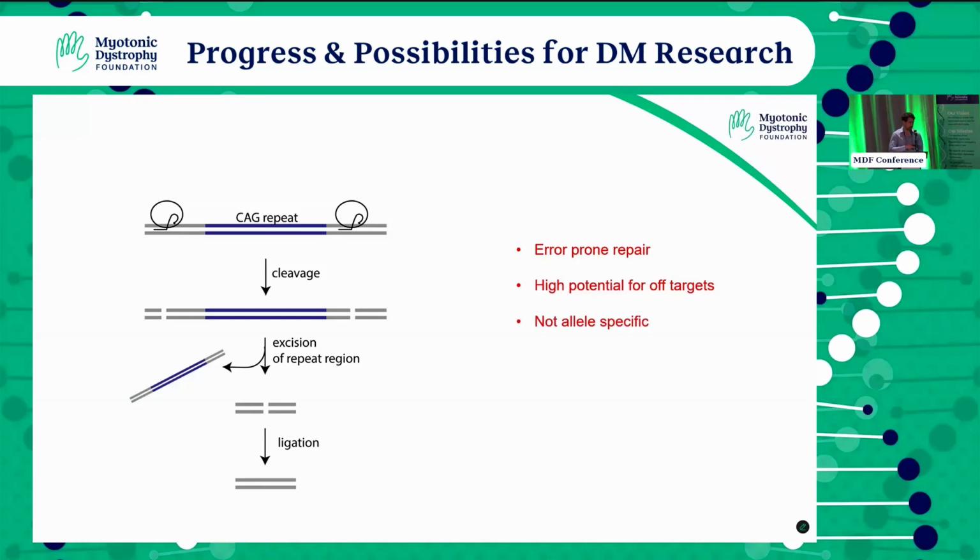It's not allele specific, so you're going to excise the CAG repeats which are expanded, but also the CAG repeats which are not expanded. And in the best scenario, you would like to be allele specific and only target the expanded one. And lastly, it is disease specific, because the flanking sequence for Huntington disease is going to be different for spinocerebellar ataxia or Fuchs or any of the other repeat disorders.